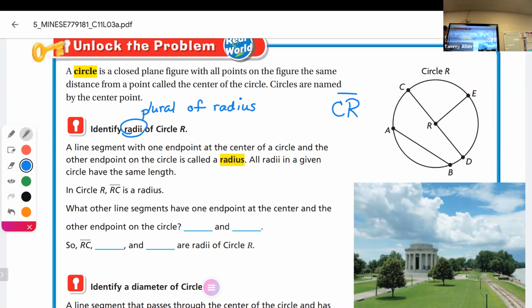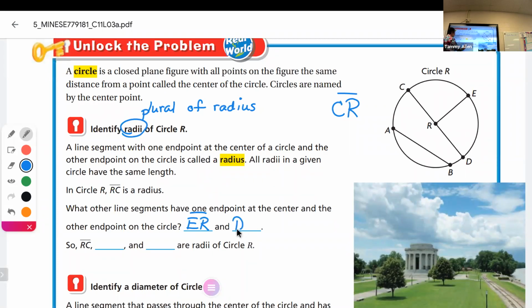So in these blanks, they're asking you to list all the radii, right? I named them. Go ahead and write them down. What's another one? They started with RC. What's another one? Segment ER. What's another one?